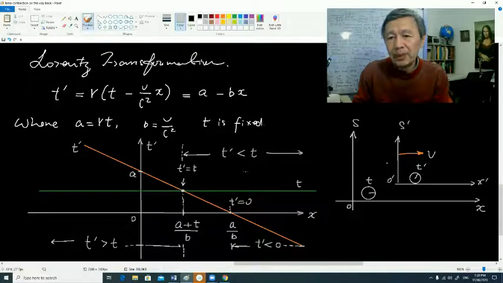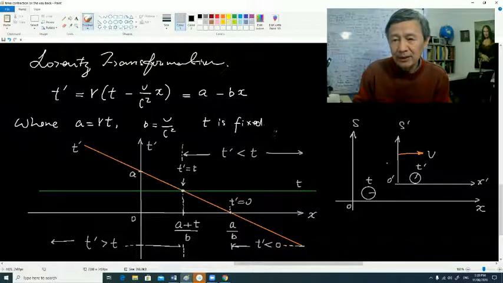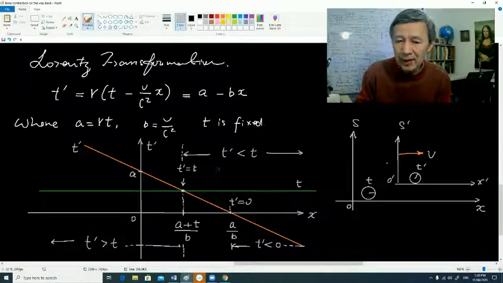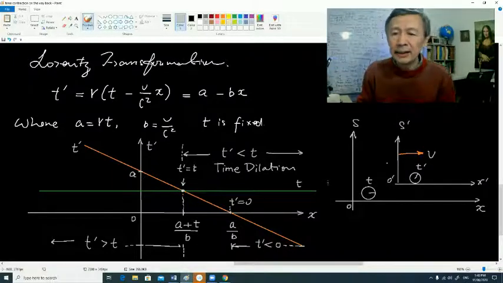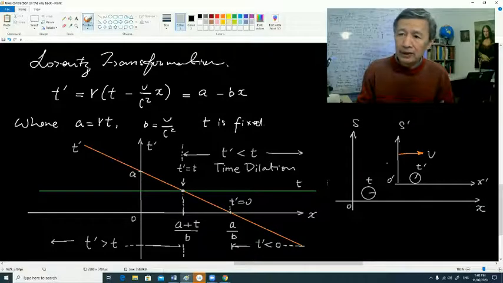For people who are so used to the formula for time dilation, this is what you expected. In this case it is time dilation. So the moving clock is always slower.